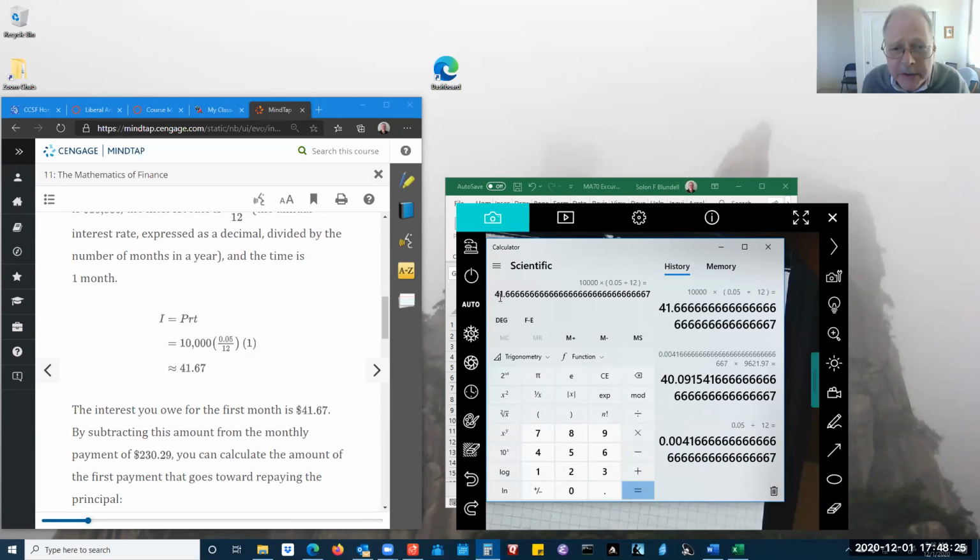So here's how much interest you owed. It's $41.666666. And at that point, that's when the bank would round it off to say, okay, you owe $41.67.